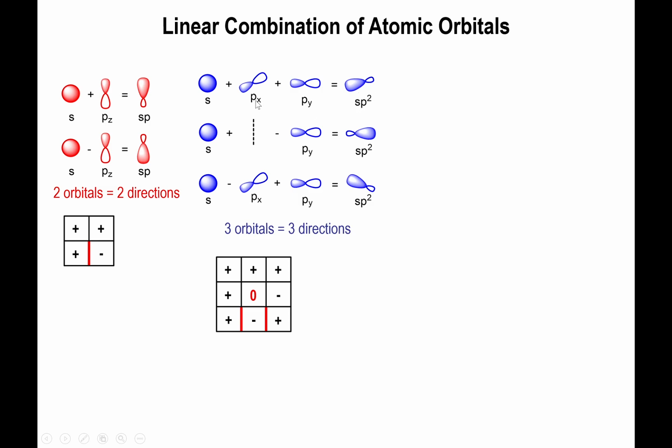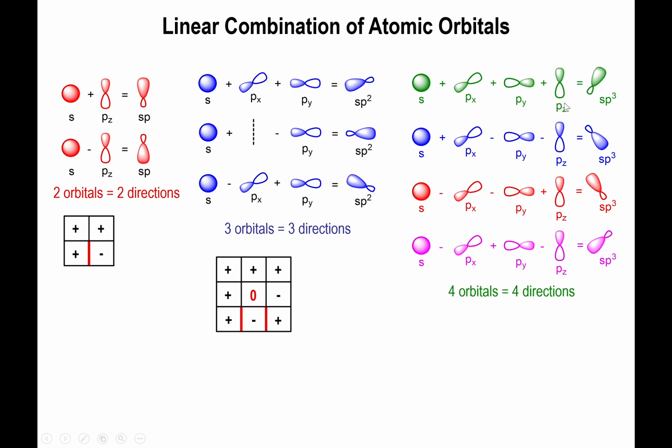Notice the notation: we use one s orbital and two different p orbitals, so we end up with an sp2 hybrid orbital. Over here, we use only a p orbital and an s orbital, so we end up with an sp hybrid orbital. With sp2, we have directionality on the xy plane. This particular orbital looks like it's coming at us but going to the left, whereas this one is going to the left but going away from us. And the middle one is going straight to the right.